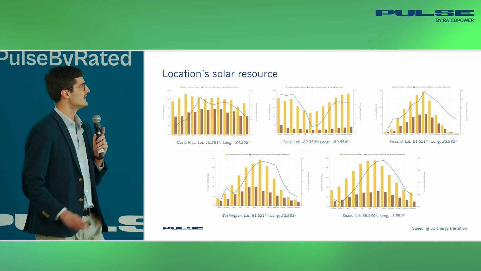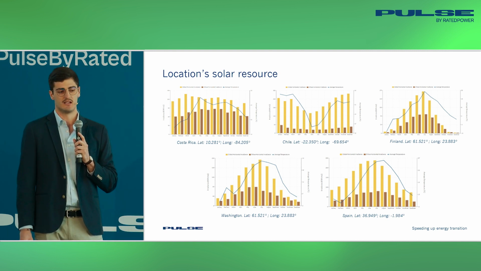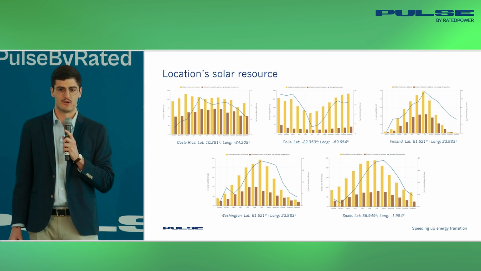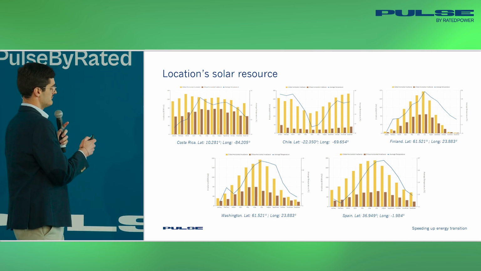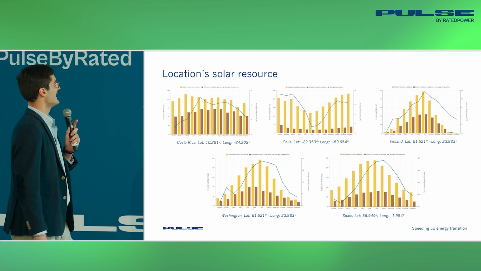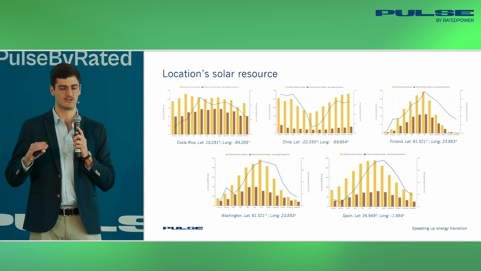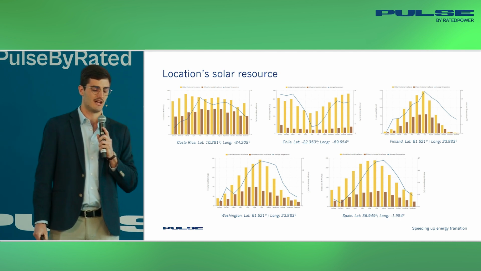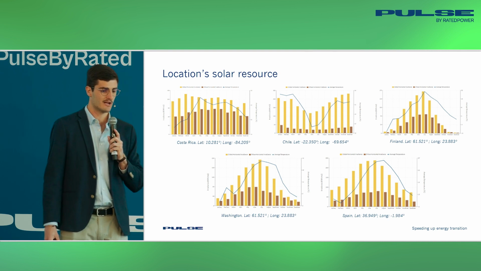So first of all, here we can see a summary of the solar resource that we had in these 5 locations. We can see how some of them, such as Costa Rica, have a lot of diffuse, which is the brown bars that we can see here, and some others like Chile will have very low presence of diffuse energy because it's an arid climate, so the amount of diffuse and clouds and rains is quite lower than for Costa Rica.